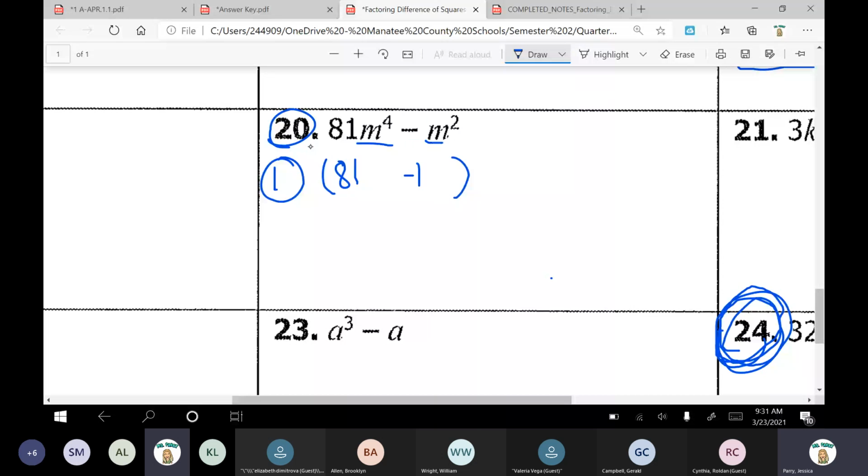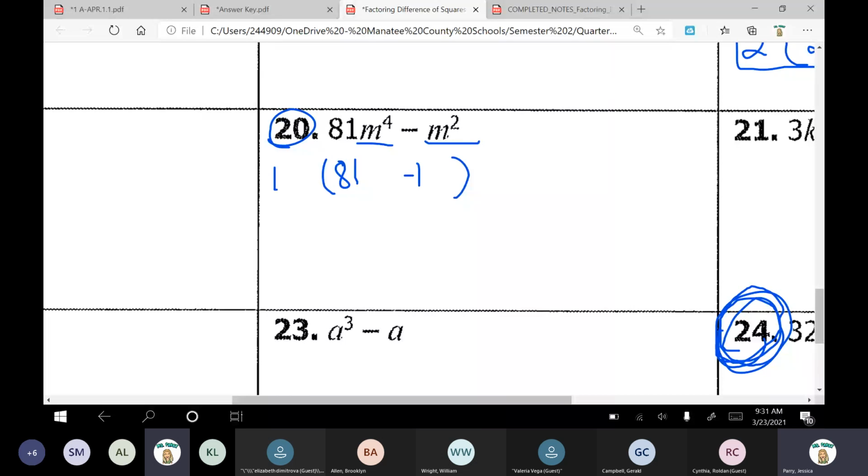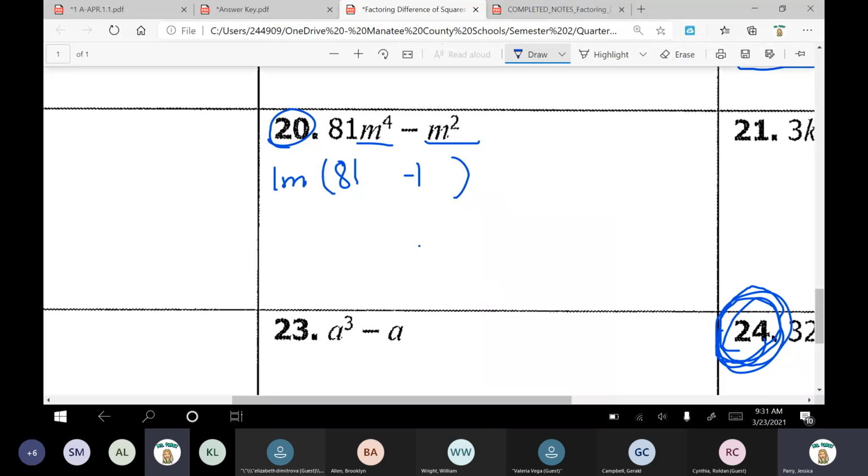And then we'll look at our variable. Can I take out a variable here from number 20? Can I factor out a variable from number 20? Yes, we can. The reason why is because we have it at every single term. So I'm going to take out an m.